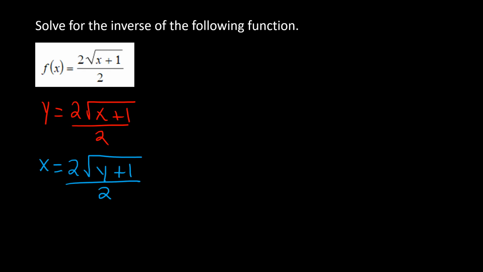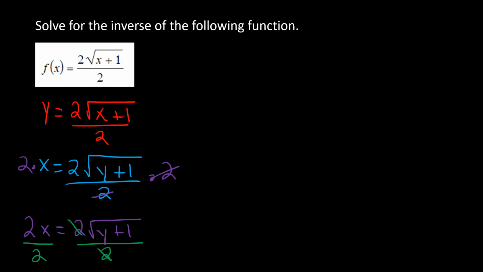We want to isolate y, right? So what we need to do is we'll multiply both sides by 2. So these will simplify out. So we'll get 2x equals 2 square root of y plus 1. From there, we'll divide both sides by 2.